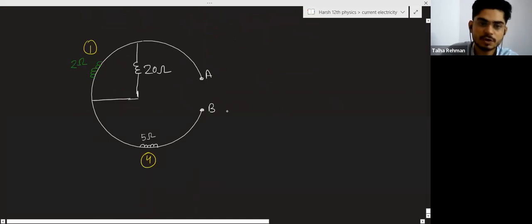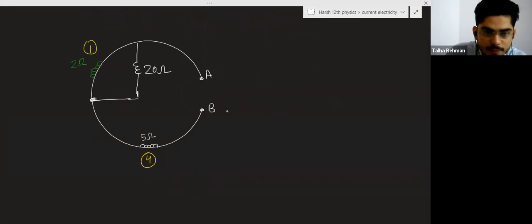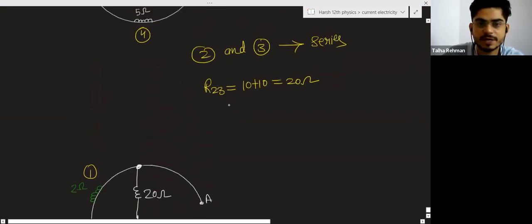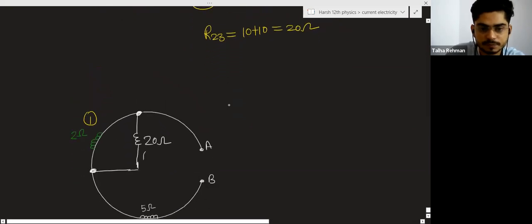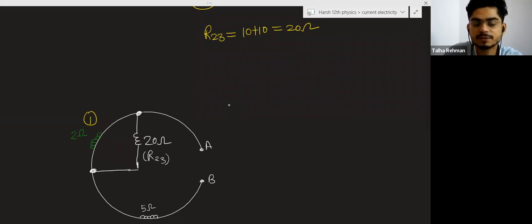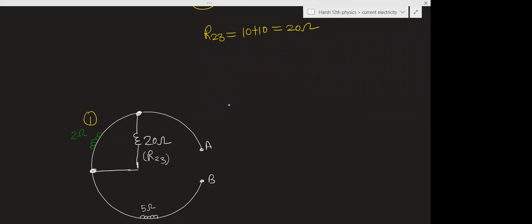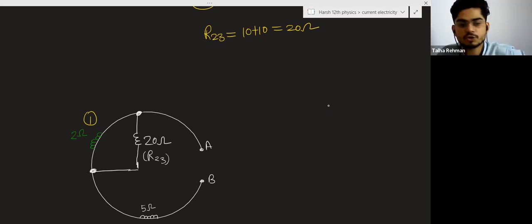Now Harsh, you can see here at this point, this 20 ohm resistance, I am giving it the name R23. This 20 ohm resistance and 2 ohm resistance are connected in parallel, because this is an end to end connection.